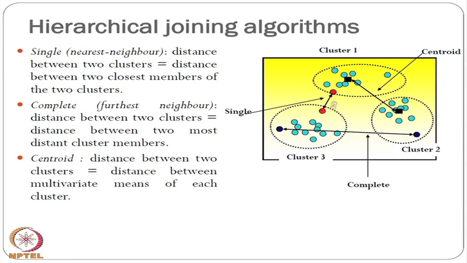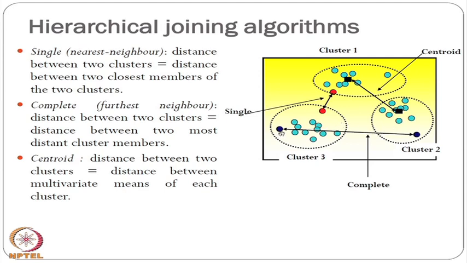Now, you may be wondering that no cluster has started, so how do you suddenly make this cluster? I will discuss that a little later, but first just make a little abstraction that different clusters are possible, and the distance in single linkage means the distance between the nearest neighbors of the two clusters.